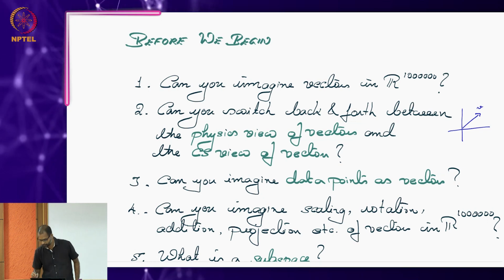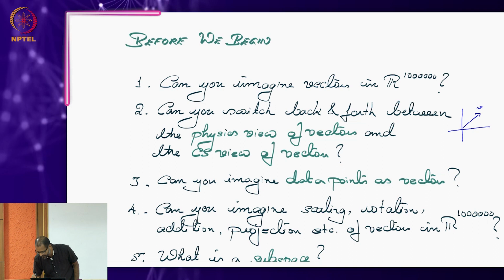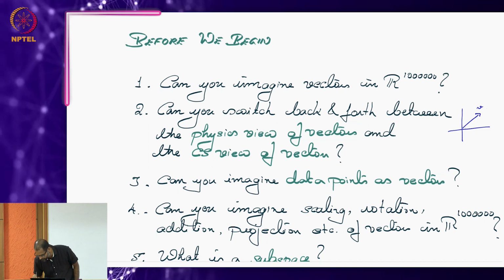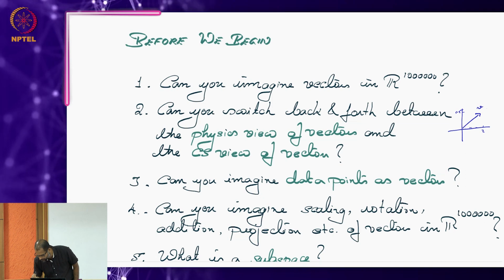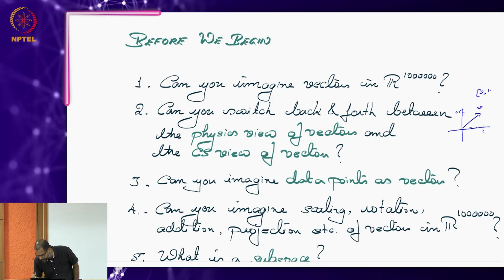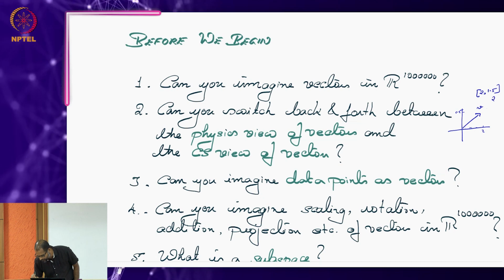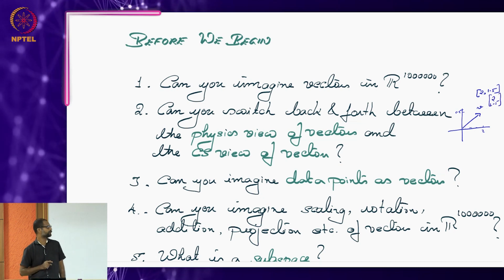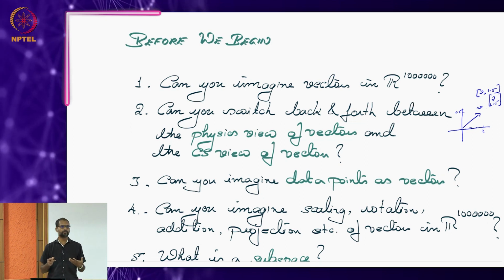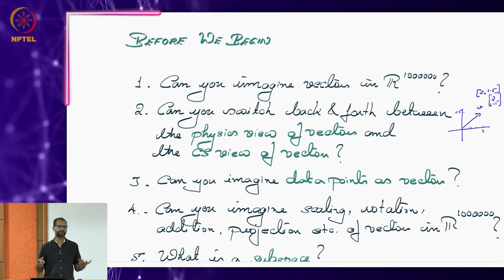The computer science view of a vector is thinking of this just as an array of numbers. So this might be something like 2, 1.5. Or better still, you think of it as a column vector (2, 1.5). So the computer science view of a vector is just a list of numbers. It's very simple.